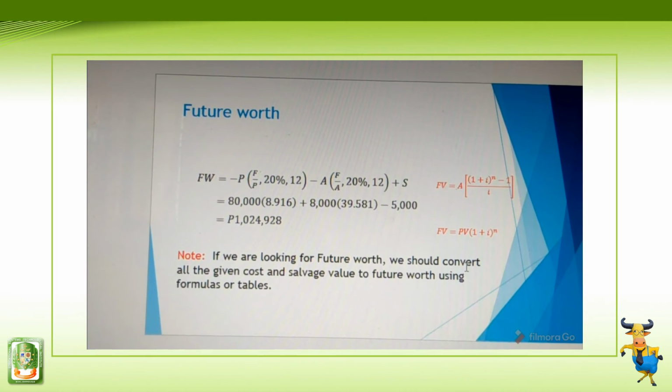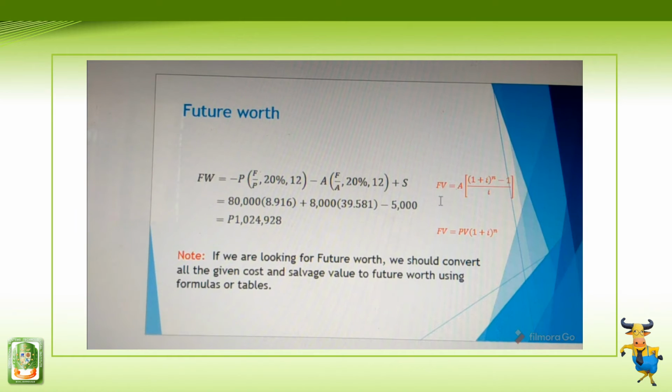Now to compute, we have FW equals negative P multiplied by the factor F given P, 20% in 12 years, minus the annual cost multiplied by F given A, 20% and 12, plus the salvage value.